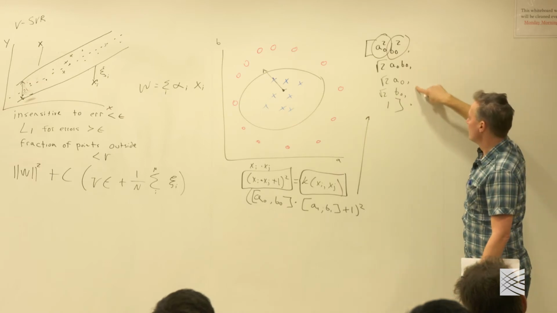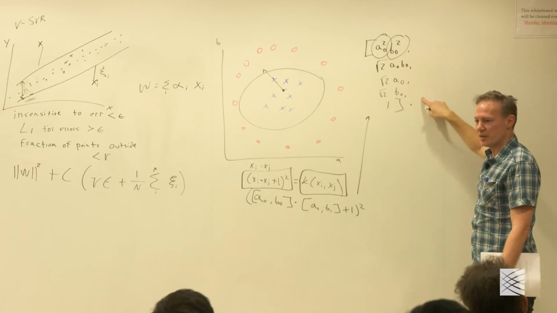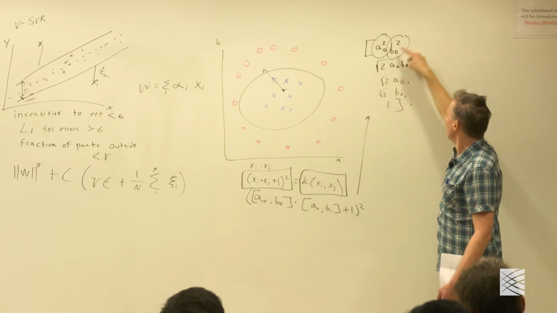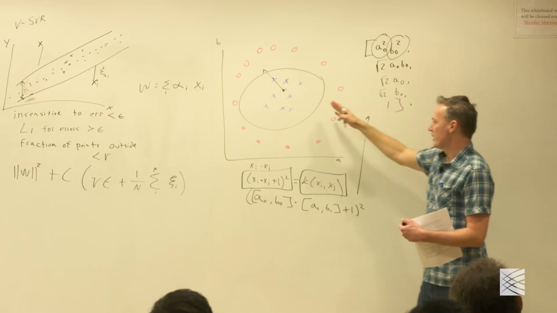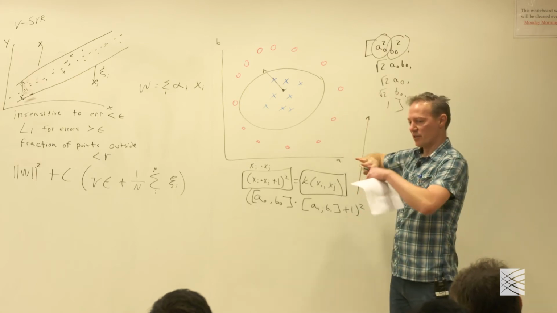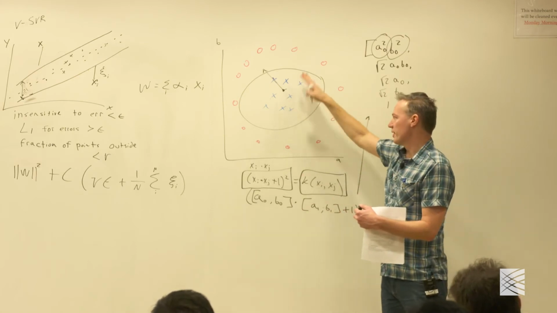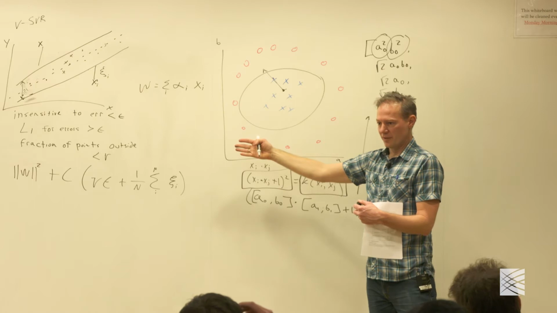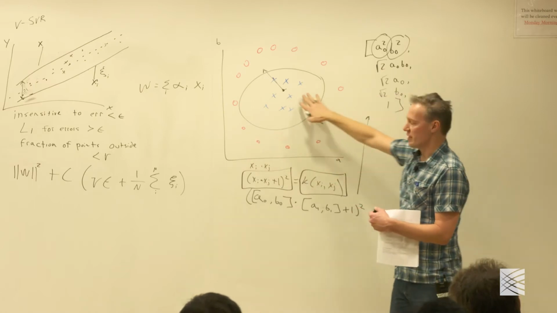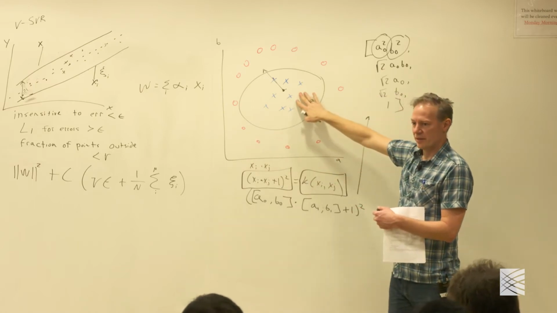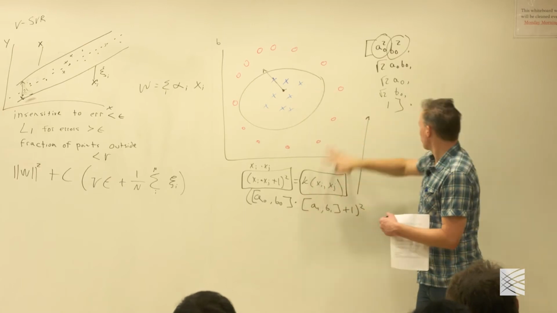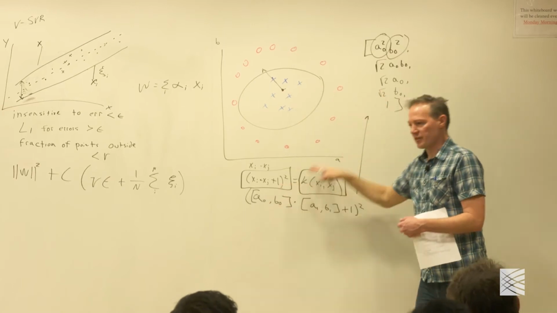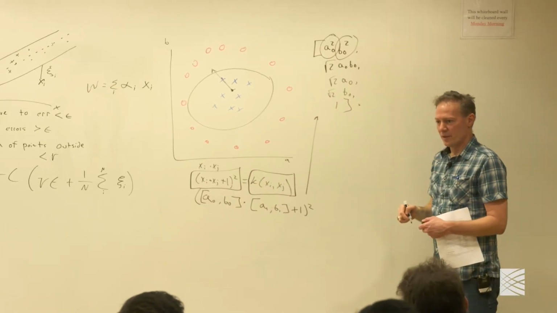I have all the pieces I need to make an ellipse, and I'm going to choose some W that weights each of these components individually, and then I'm going to bias it. So I get a quadratic function in 2D space, and then I cut it off at some bias point. At that point, these become easy to separate. Is that clear? It's just from the expansion of this dot product.